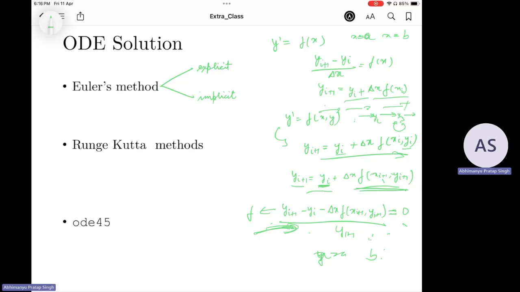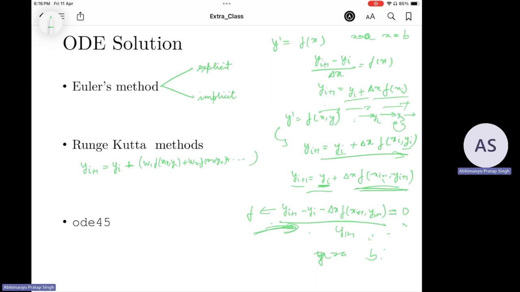Then we have Runge-Kutta methods. Basically in Runge-Kutta methods, we do yi plus 1 is equal to yi plus w1 f(x1, y1) plus w2 f(x2, y2), like this, right?